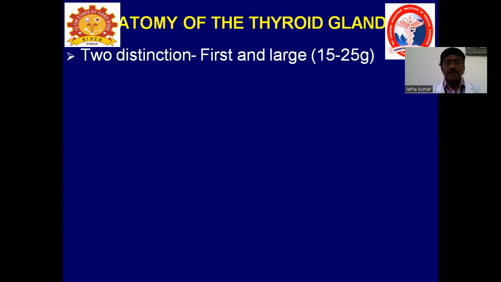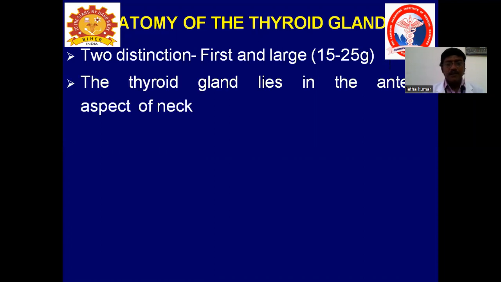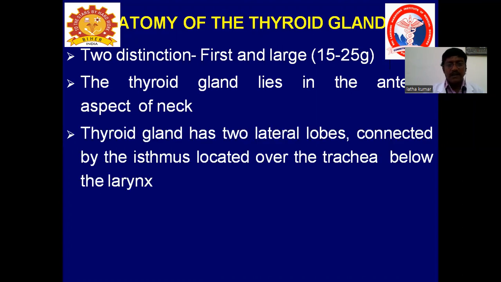Anatomy of the thyroid gland. It is a large gland that weighs about 15 to 25 grams. The thyroid gland lies in the anterior aspect of the neck, and has two lateral lobes connected by an isthmus located over the trachea below the larynx, as I already told.